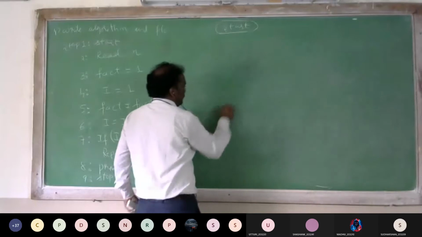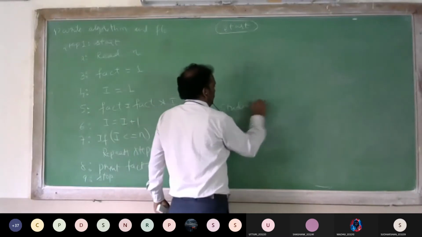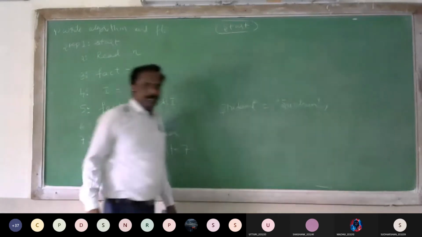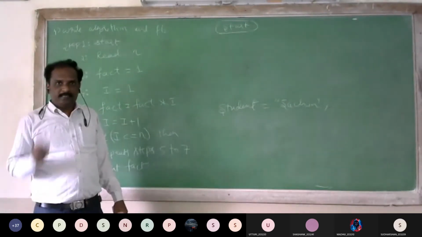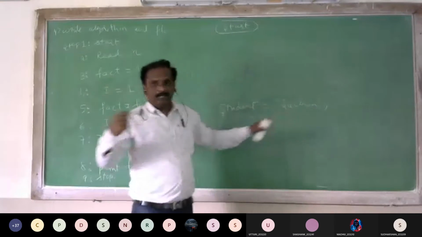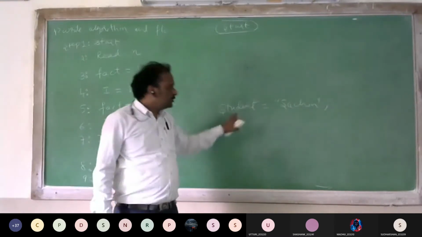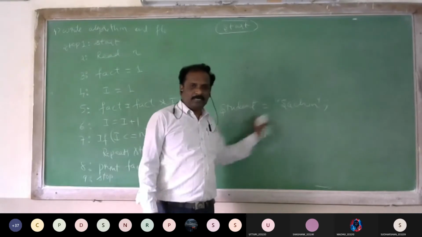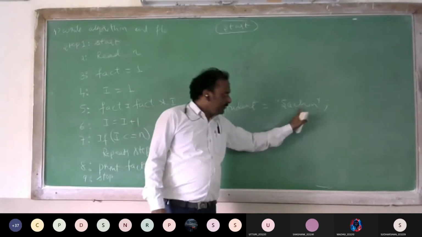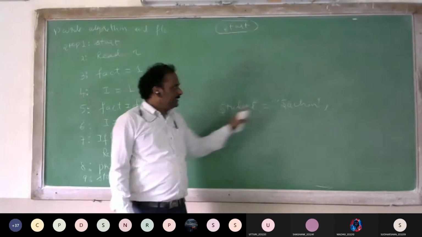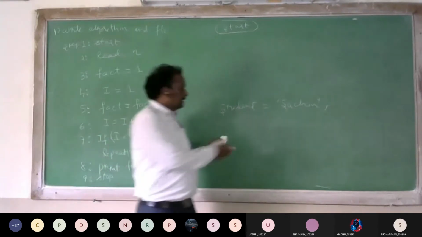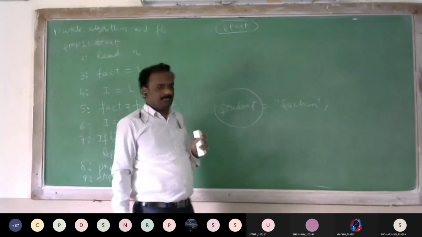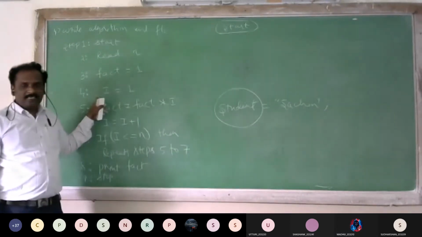Like for example, student is equal to Sachin Tendulkar. Sachin Tendulkar is a constant, but student is not a constant. Student can be Sachin Tendulkar, student can be Rahul Dravid, student can be Virat Kohli. Here 1 is a constant, I is a variable.